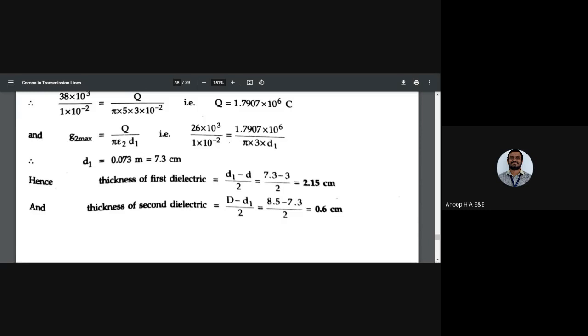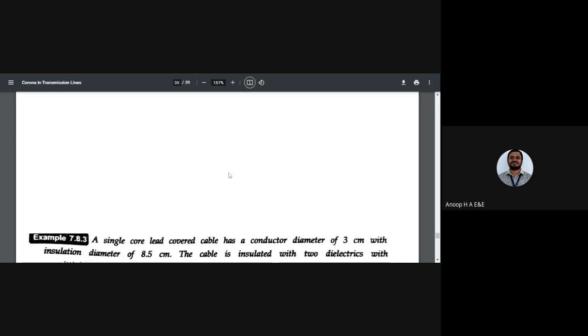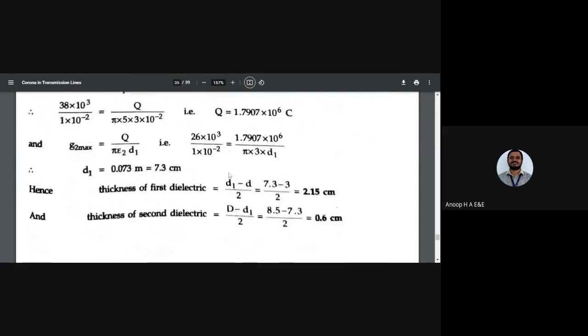Sir, thickness of first dielectric is D1 minus D by 2, and thickness of second dielectric is capital D minus D1 by 2, sir. Yes, so it is just like what we had done in D1 equals D plus 2T. The same way we are going to understand here.